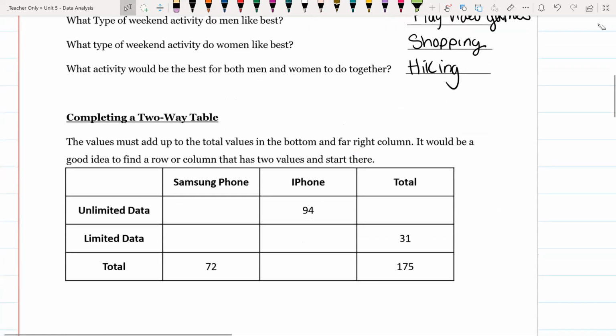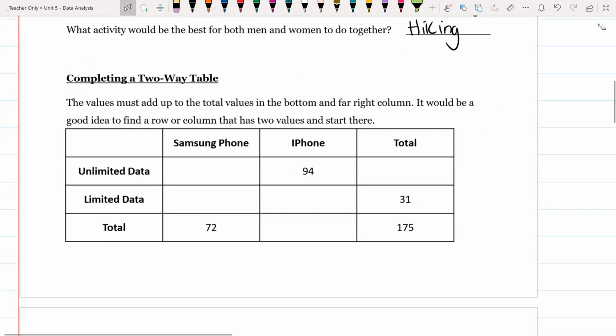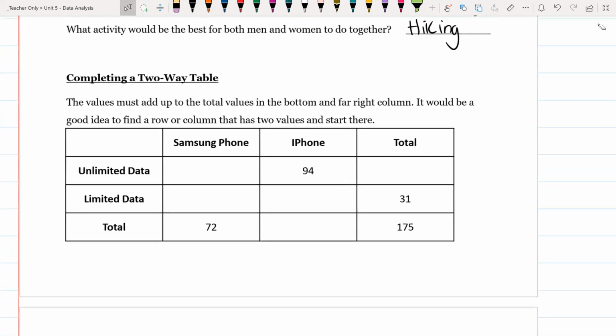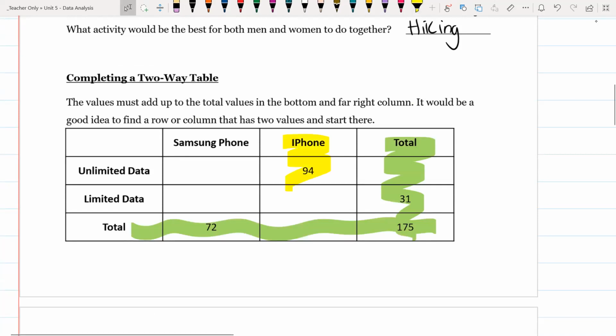Okay, so yeah. All right, let's talk about completing a two-way table. So with a two-way table, they all have to add up in our total columns. What that means is that the iPhone needs to add up to here, and the Samsung needs to add up to here.